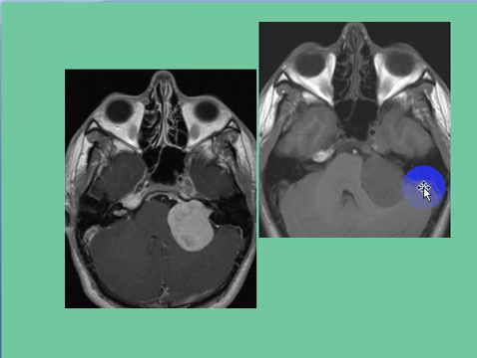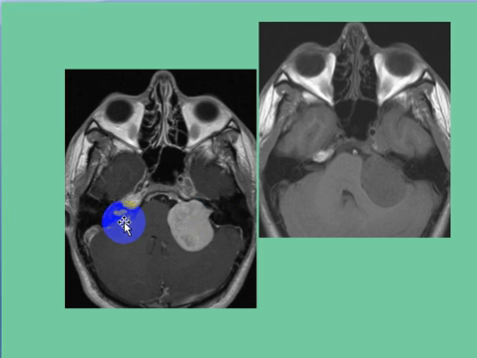Here you see MRI of the patient with a large mass arising from the 8th cranial nerve, and this is a schwannoma. You see this is the T1 and this is the T1 after contrast, which shows homogeneous enhancement of the mass with enlargement of the internal auditory canal.